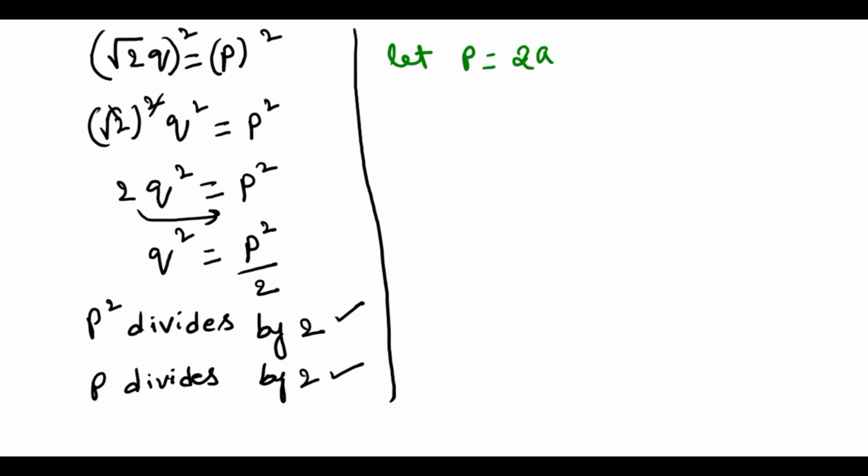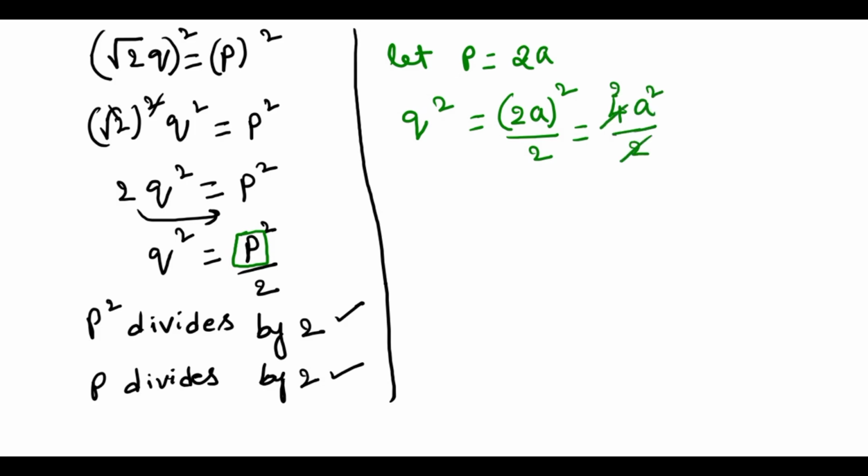Now if I substitute this in the place of p, then what can I find? q square equal to 2a whole square by 2. This 2 square is 4a square by 2. The 2s get cancelled. This is 2a square. Okay, so q square equal to 2a square.